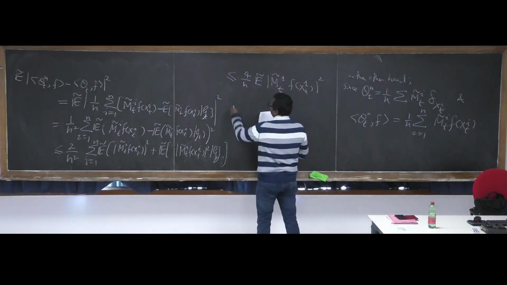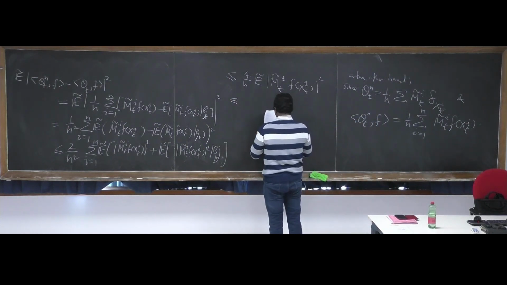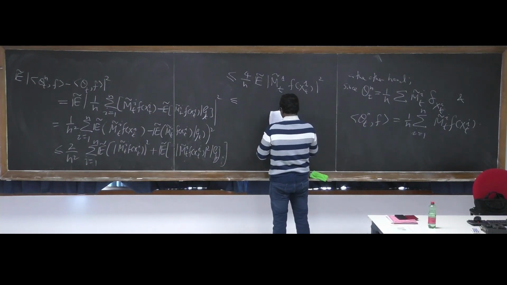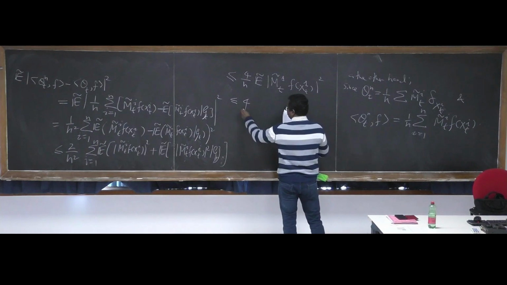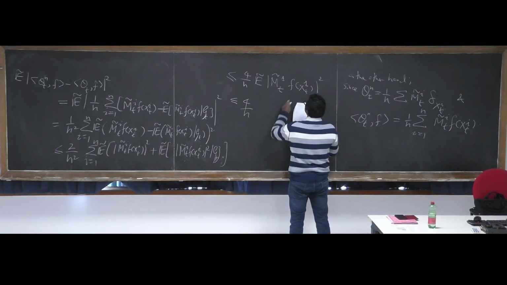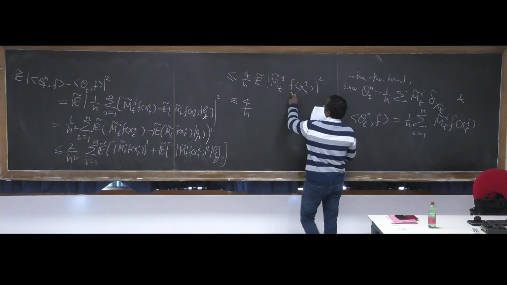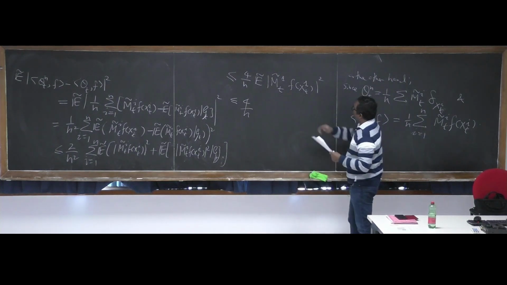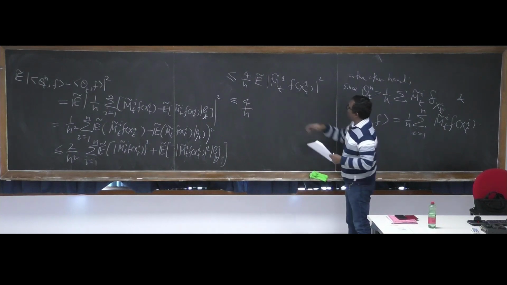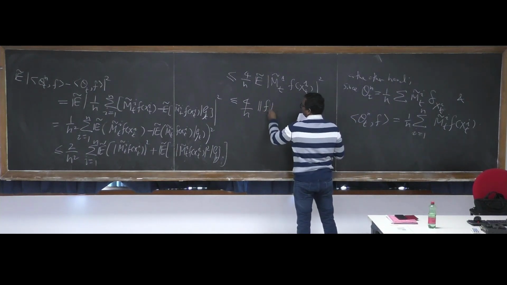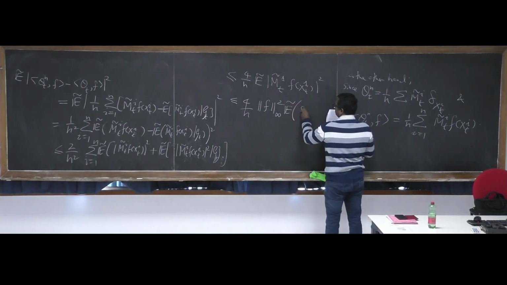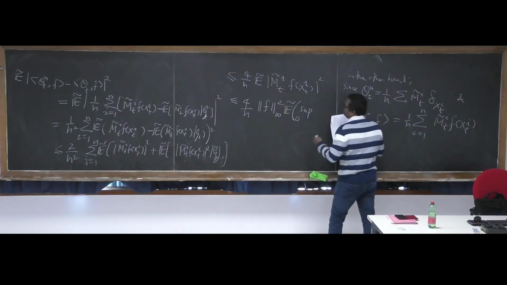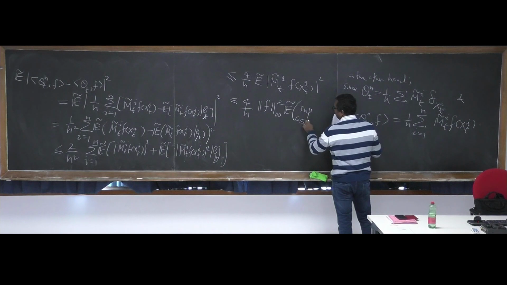So this is actually bounded by 4 over n times the supremum over the function f, the infinity norm squared, and the supremum over this exponential martingale.